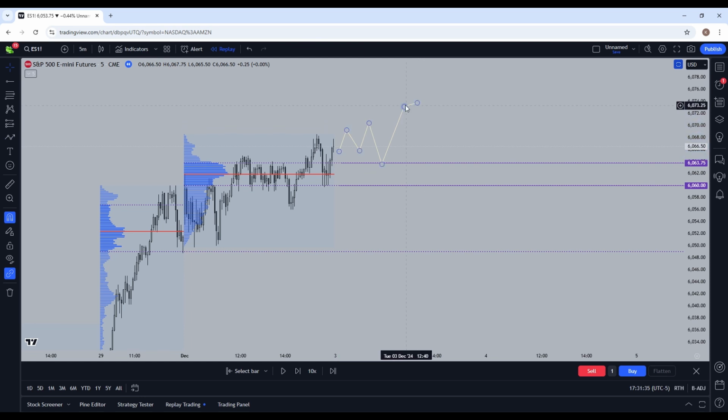In my case, it would be 9 points. The same thing goes if it opens below the previous day value area. You would wait for it to come back, and you would try to short the value area low from the previous day, which in this case is 60-60. Set a limit there, 3-point stop loss, and then target lower.